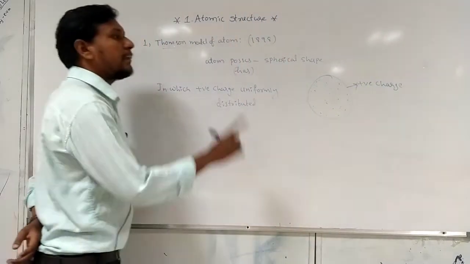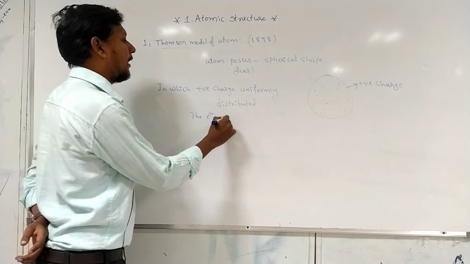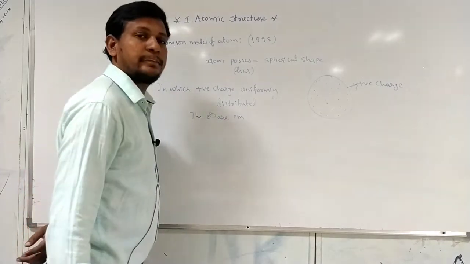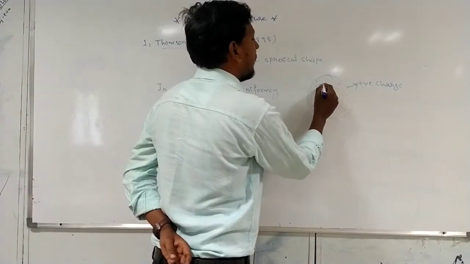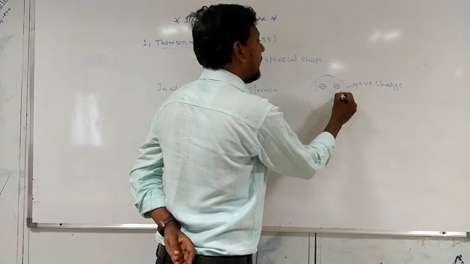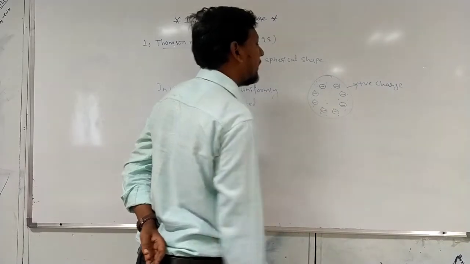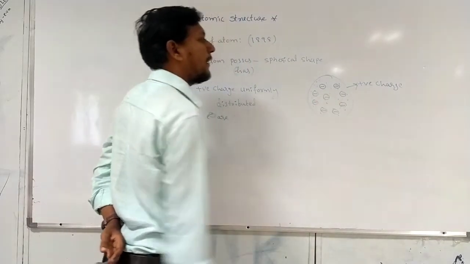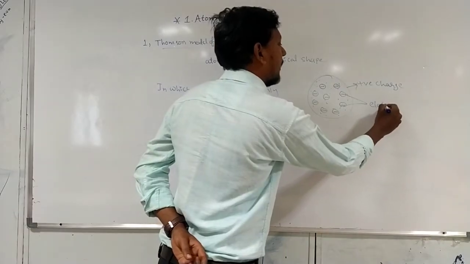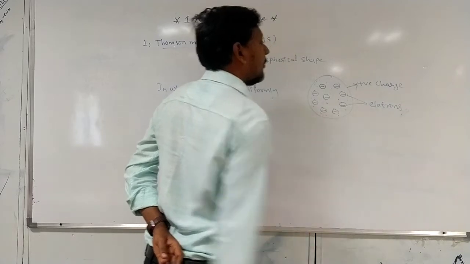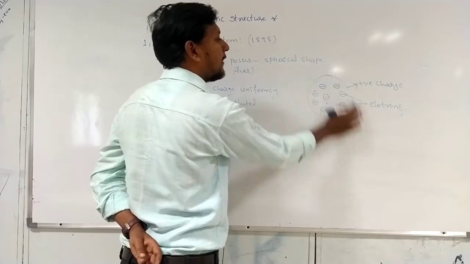Now in that positive charge, the electrons are embedded. Electron means negative charge. Electrons are embedded like this manner. Look at here, this is the positive sphere. In this positive sphere, electrons are embedded.